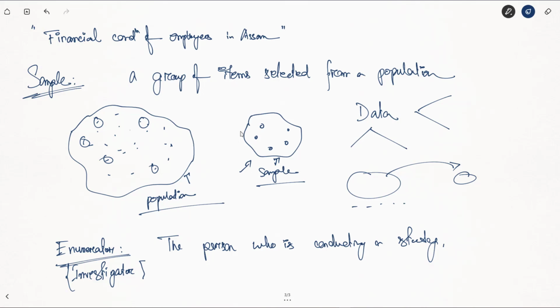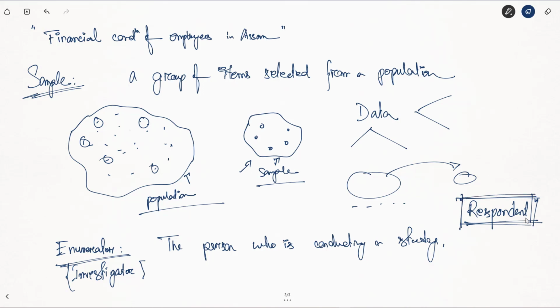If in your study you need information from a particular group of people, then those people will be called respondents. Respondents are those individuals who provide us data.